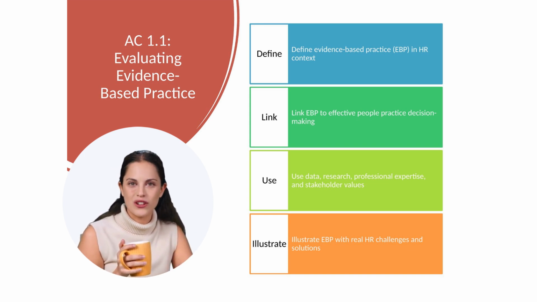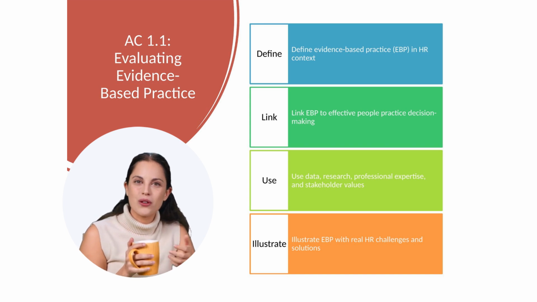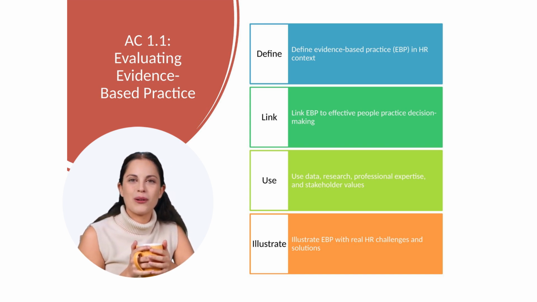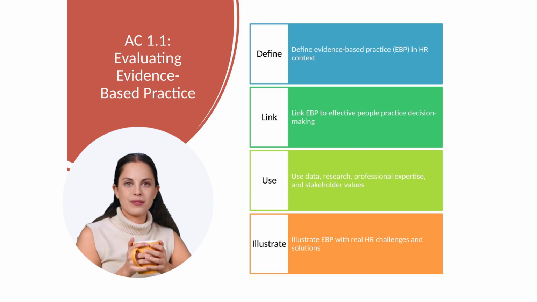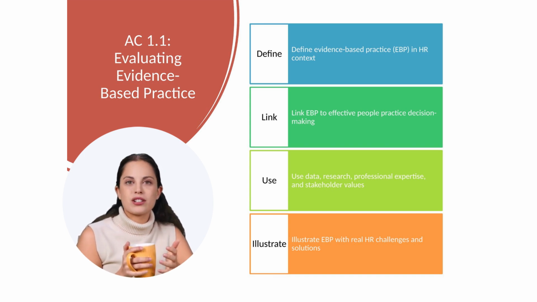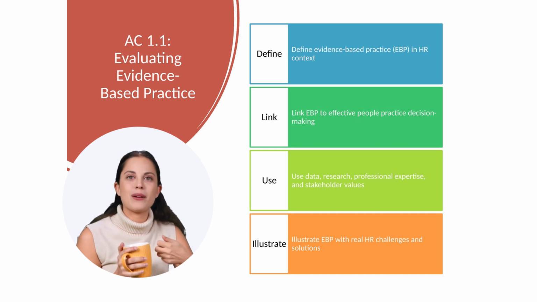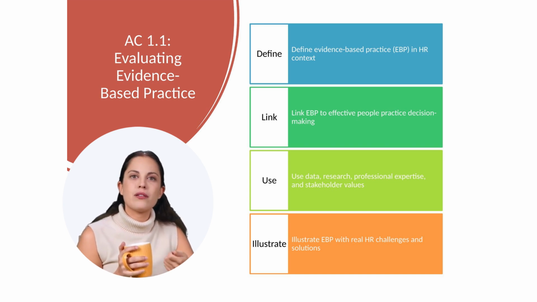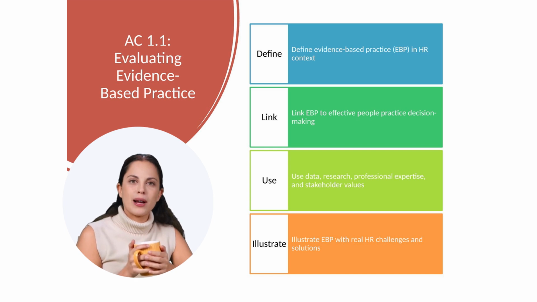Offer examples such as using EBP for redesigning recruitment, reducing turnover, or addressing inclusion. Highlight that EBP is not just data-driven, it ensures ethical, transparent, and justifiable decisions that enhance organizational performance and employee trust. Use HR journals and CIPD publications to back your evaluation.